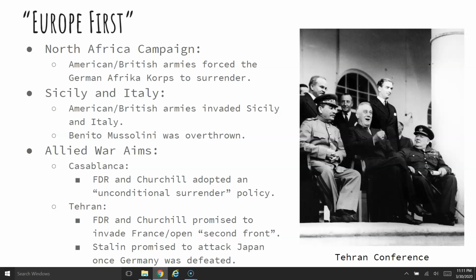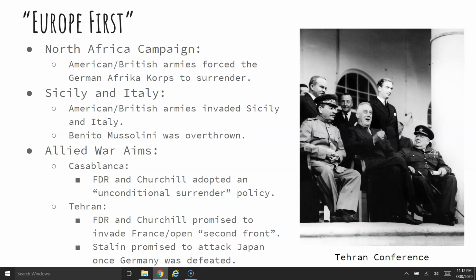They had to fight France to the west and Russia to the east. And Stalin essentially wants to create that same situation. He wants British and American troops in France moving toward Germany from the west while his own troops are pushing the Germans back from the east.